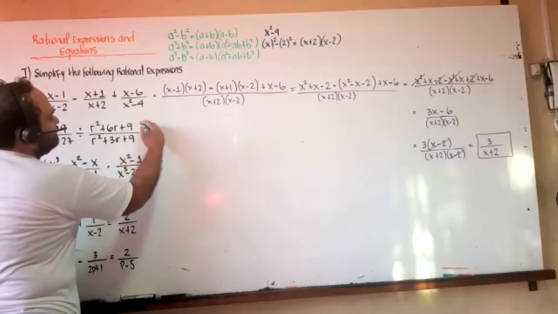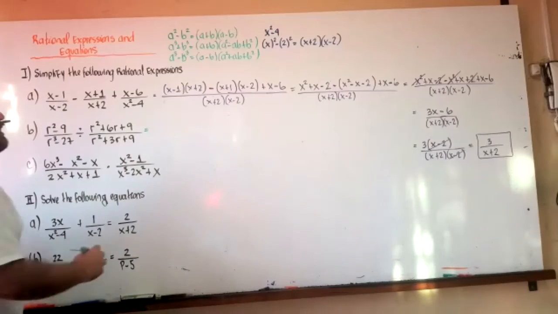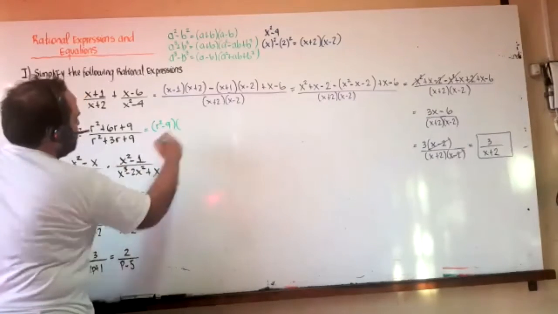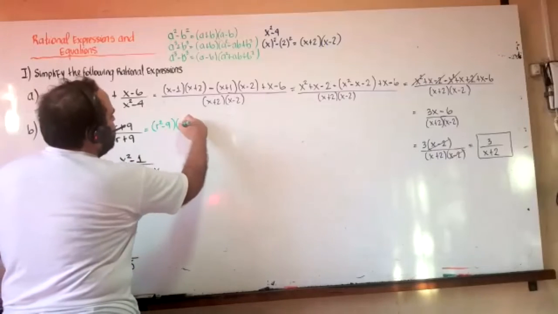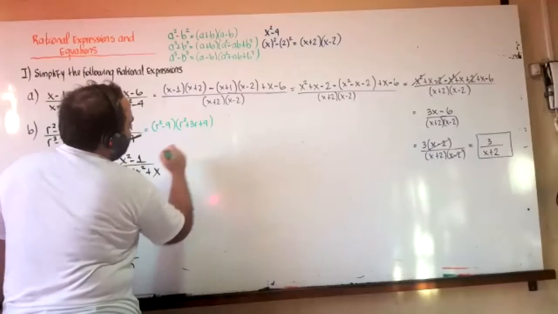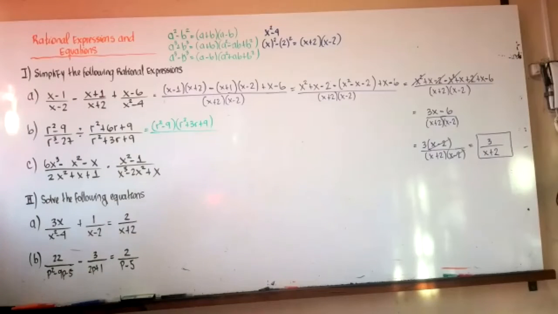So in the second one, cross multiplication: r squared minus 9 multiplied by r squared plus 3r plus 9 over, sorry, the opposite.